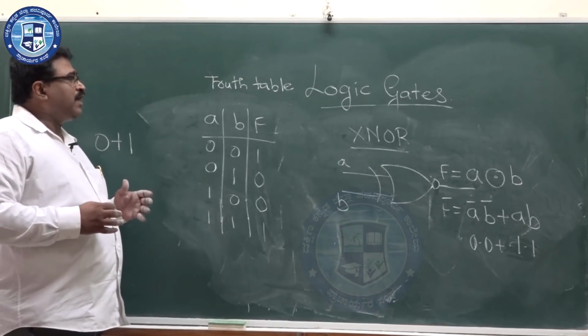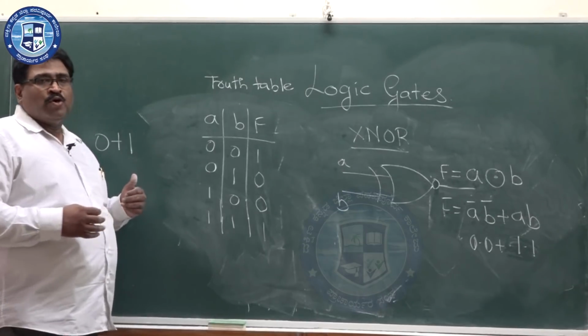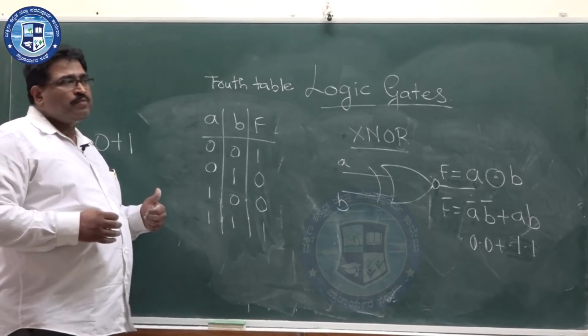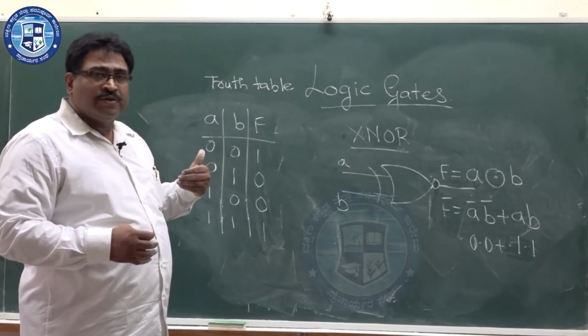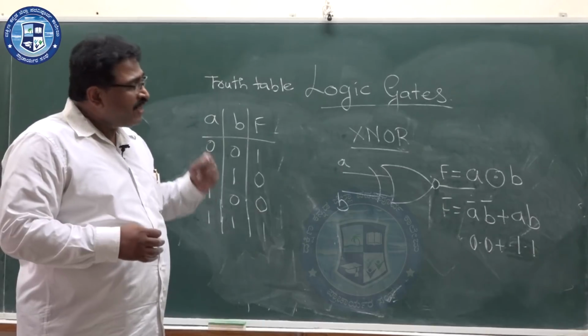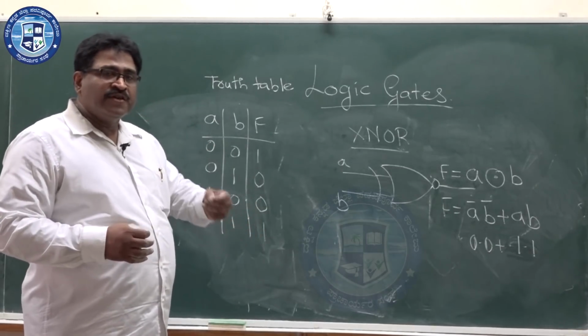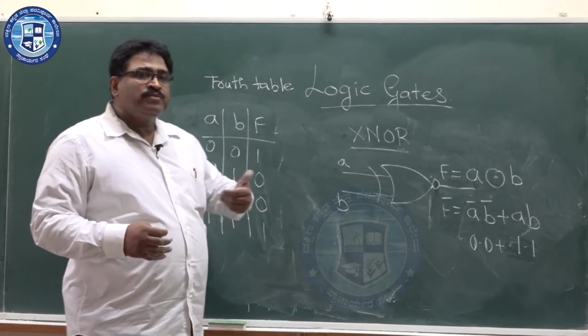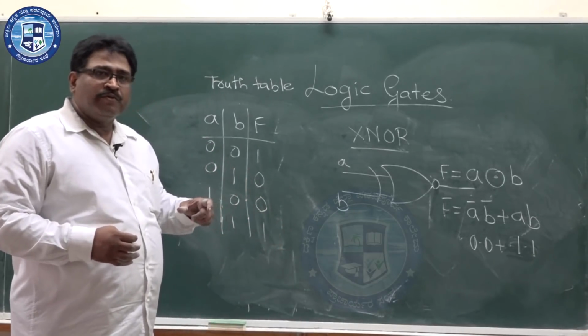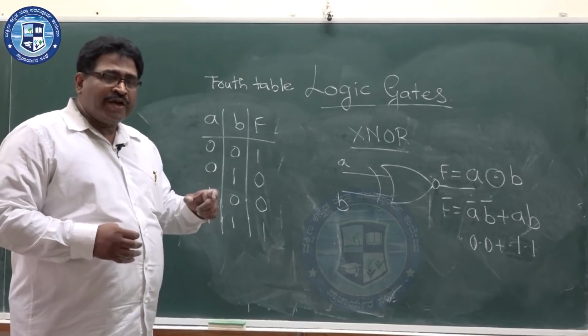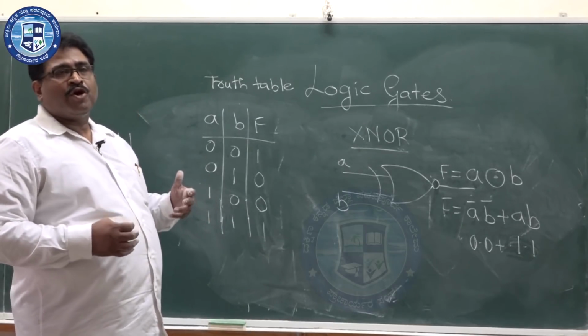So once again I will talk in short about what the AND gate is. AND gate means the output will be 1 when all the inputs are 1. If any input to the AND gate is 0, the output becomes 0. The second gate we have come across is the OR gate. What happens in the OR gate?